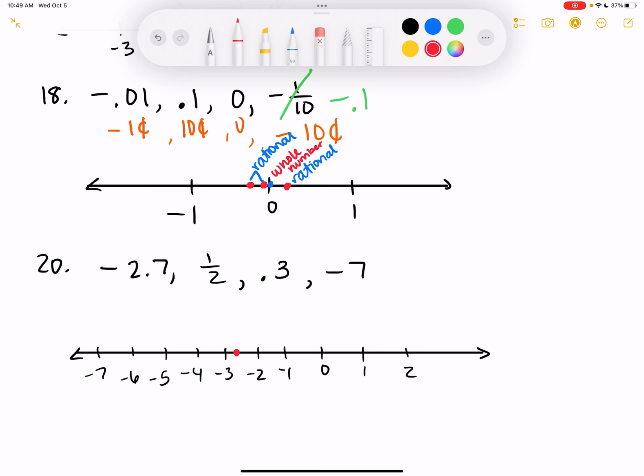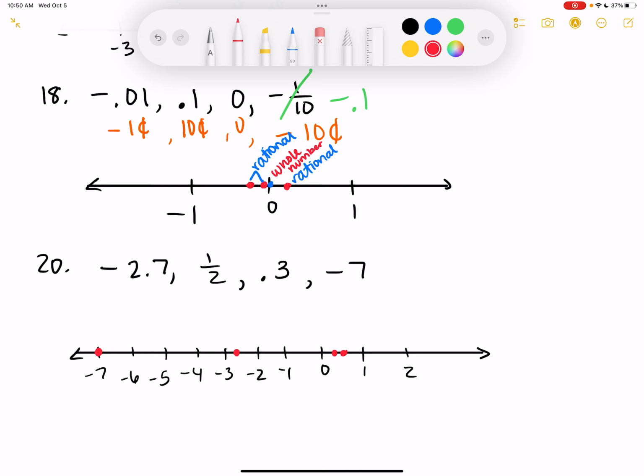Yep, between 0 and 1. It's halfway between there. How about 0.3? Between the 0 and 1. On the left side or the right side of the half? On the left. Yep, left side. And then minus 7. Oh, it just goes on it, right?